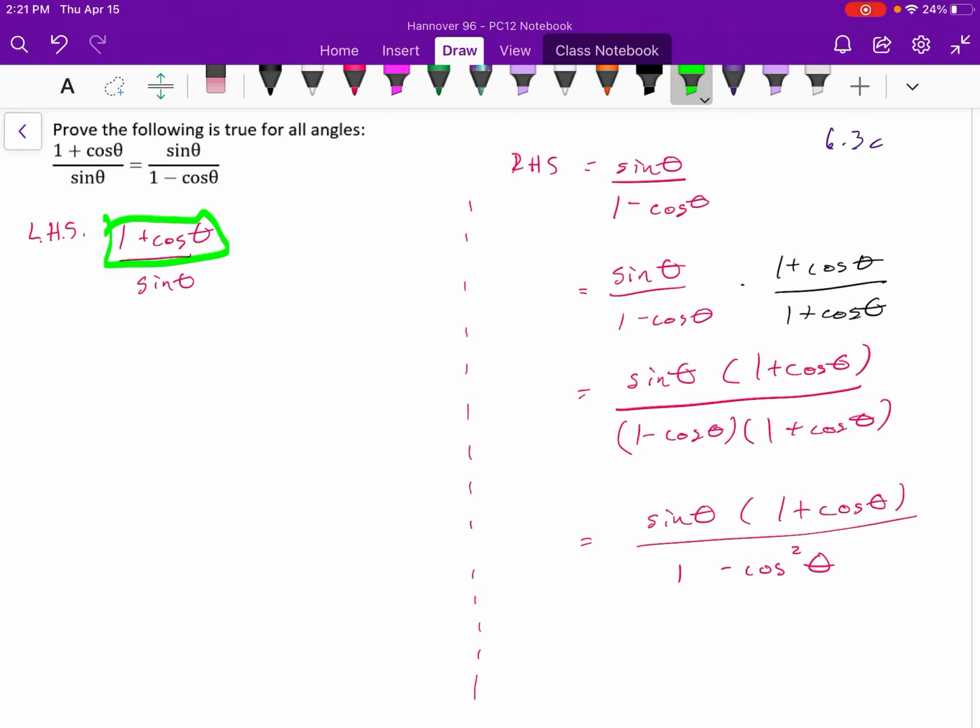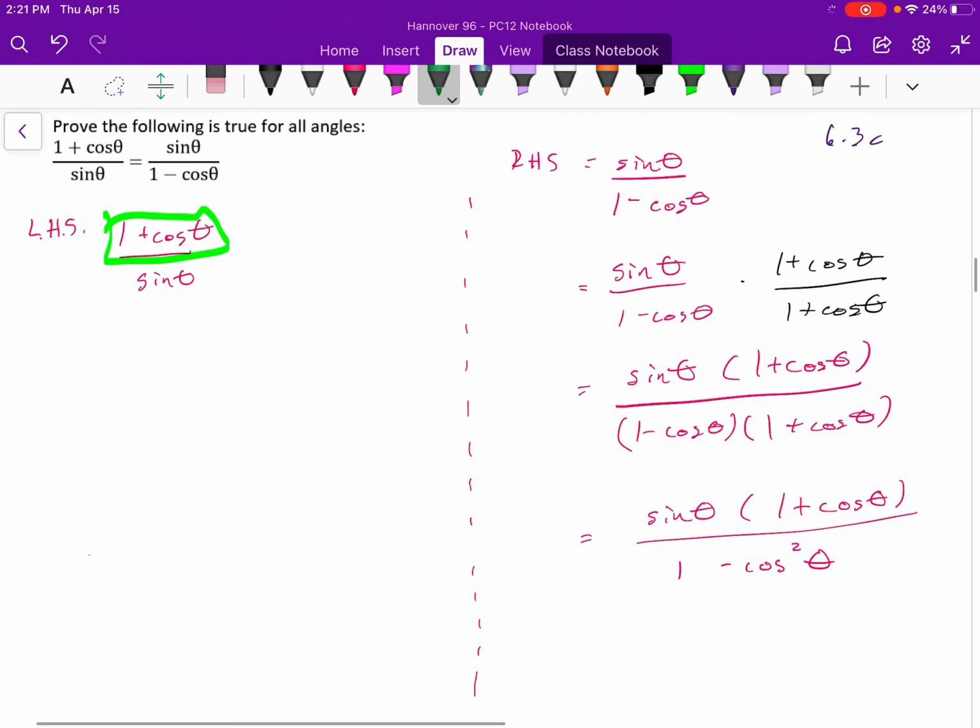So you may recall, just recall, that actually sine squared theta plus cosine squared theta is equal to 1. Or that sine squared theta is equal to 1 minus cos squared theta.